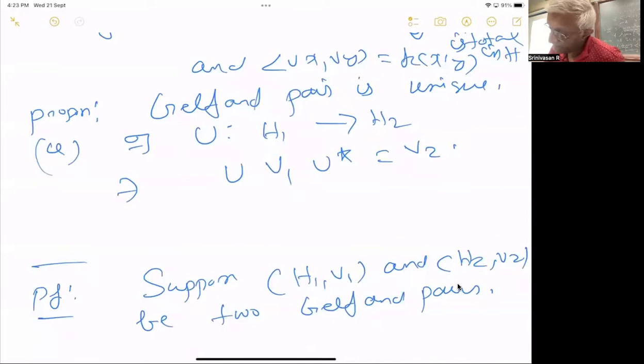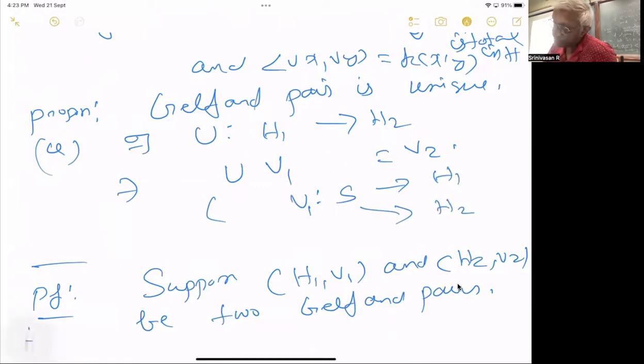So you have U of V1 of S is V2 of S. V1 is a function from S to H1, and V2 is a function to H2. Sorry, V1 inverse should be there. How do we write V1 inverse? V1 may not be invertible, no? Unless Kx is strictly positive, V1 will not be invertible.